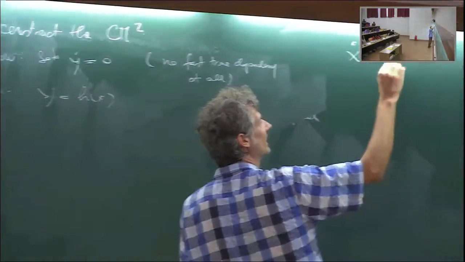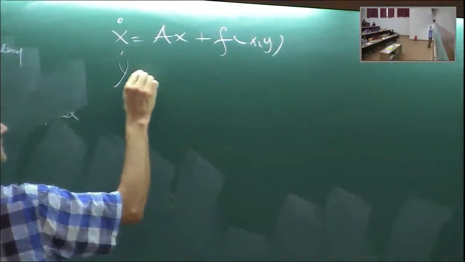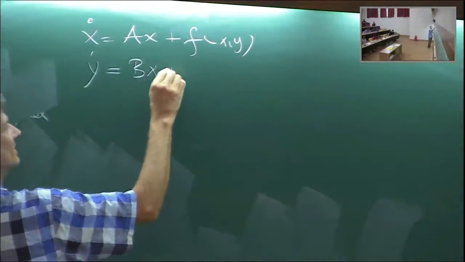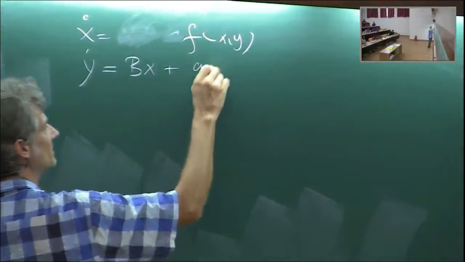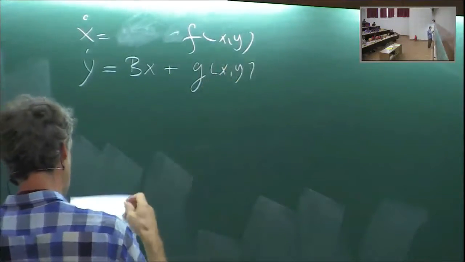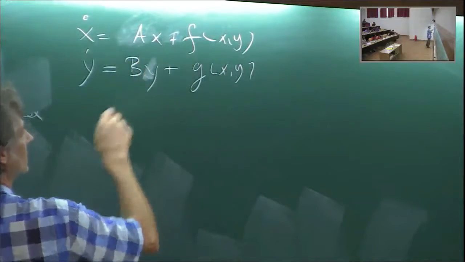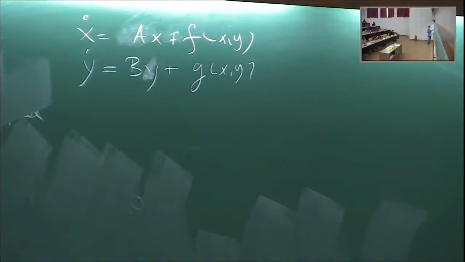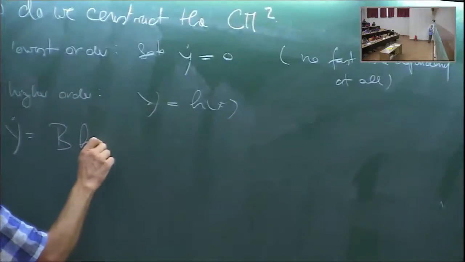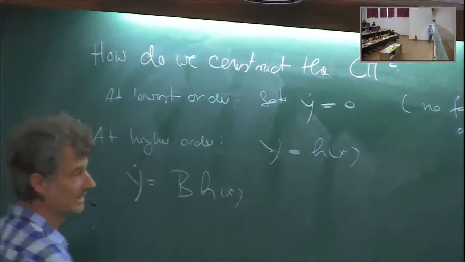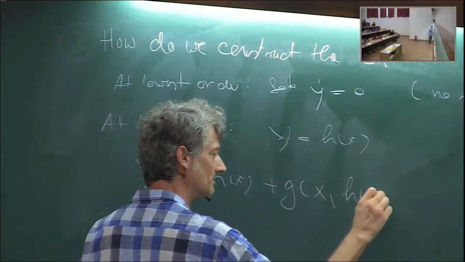So x dot was ax plus f of x y, and y dot was, let's make this 0, bx plus g of x y. So y dot is now by, which is h of x, plus g of x, y, and y is h of x.